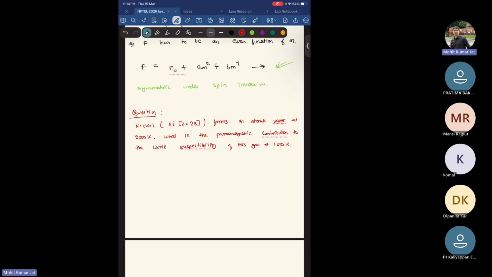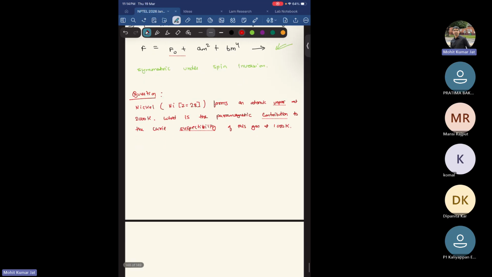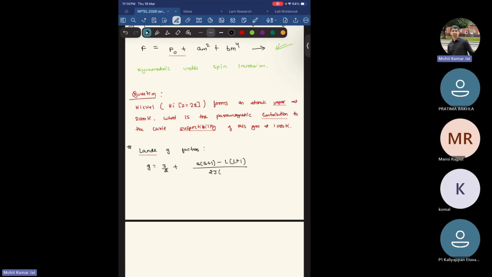First let's calculate the Landé g factor as we did in the very first question. So the Landé g factor goes as g = 3/2 + [S(S+1) - L(L+1)] / [2J(J+1)]. This is our equation number 1.